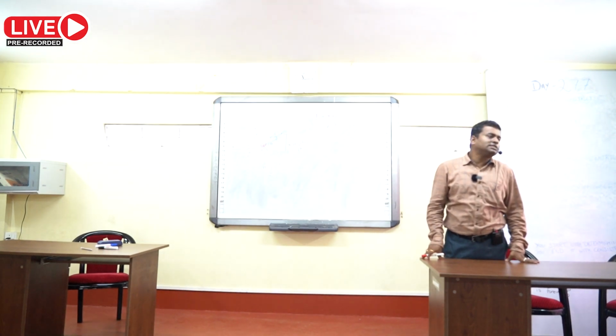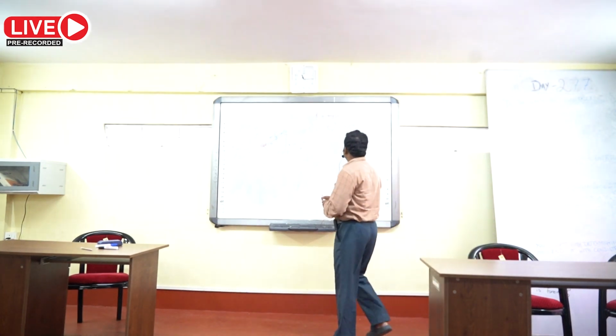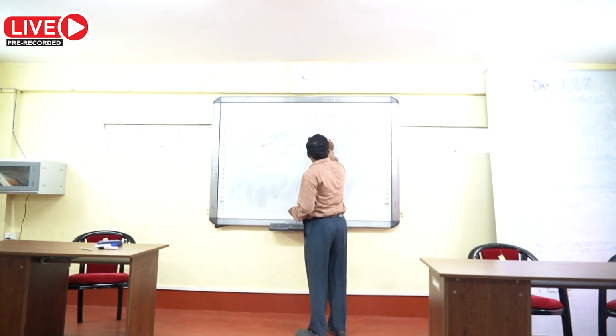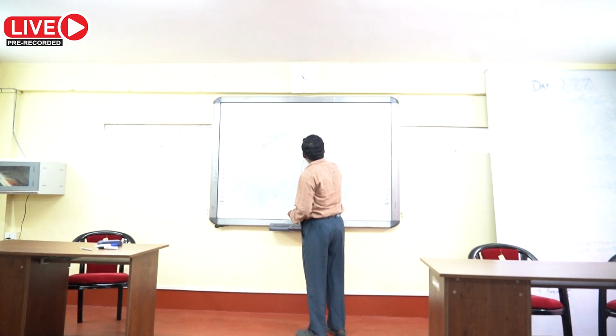Now we have the relation between friction and normal reaction, that is F equal to mu N. Write it, F equal to mu N, and then substitute the values.